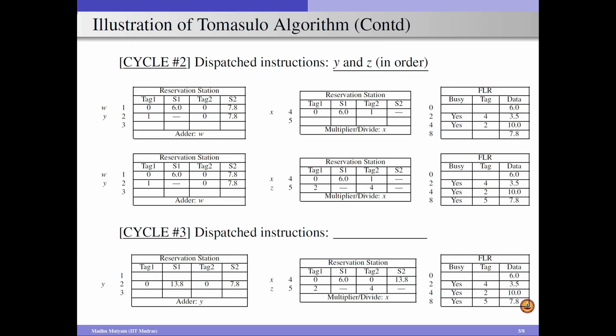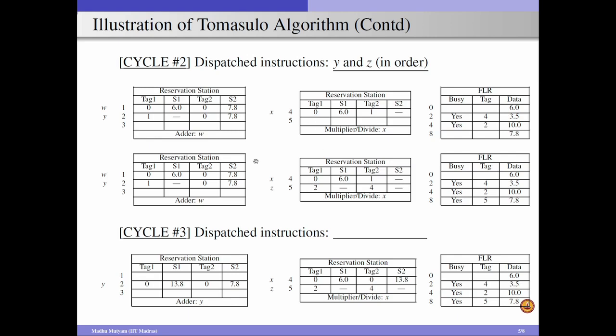So we computed the value as 13.8, and this 13.8 needs to be forwarded to all the pending instructions which require this value, as well as sent to the register file if the register file is waiting for this value to be updated in one of the registers.